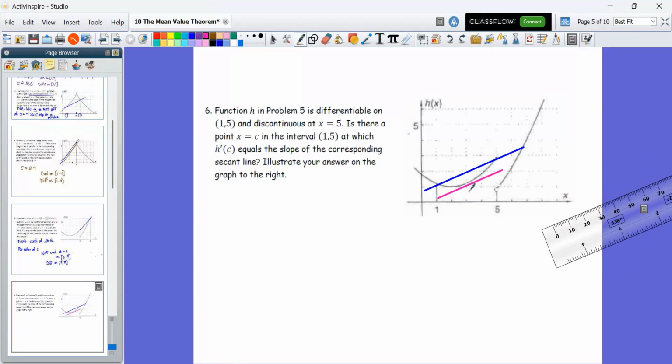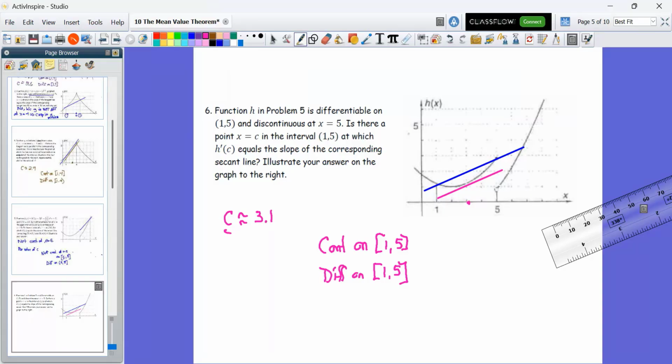And that's going to be right about maybe 3 or 3.1. But notice, we're back to being continuous on the closed interval from 1 to 5, and we're also differentiable on the closed interval from 1 to 5.